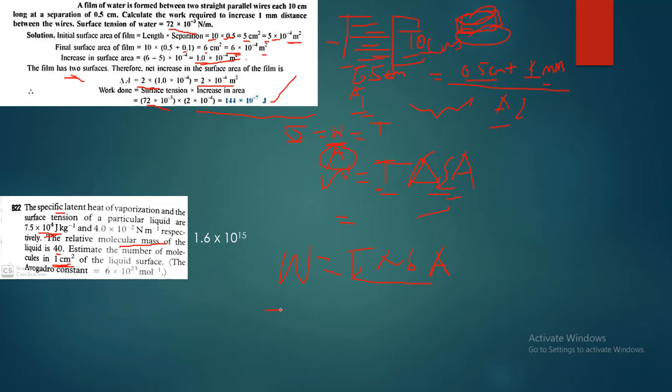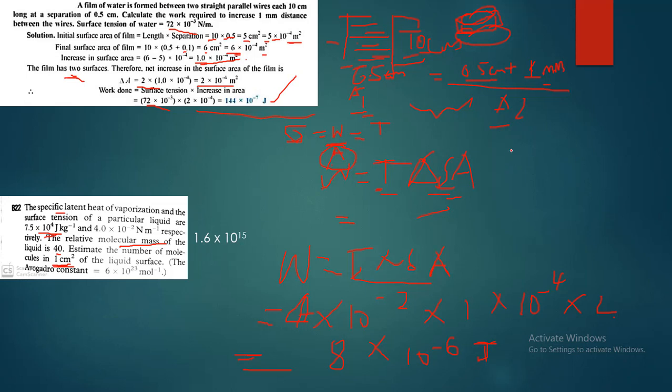Okay, so it means tutakuwa na surface tension ambayo ni 4 times 10 power negative 2 times surface area ambayo ni 1 centimeter squared au 1 times 10 power negative 4 meters squared times 2 because ina two surfaces. So finally hii 4 na hii 2 zitakuwa ni 8 times 10 power negative 6 joules.